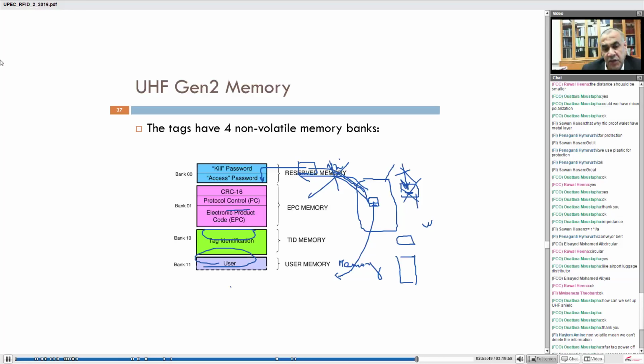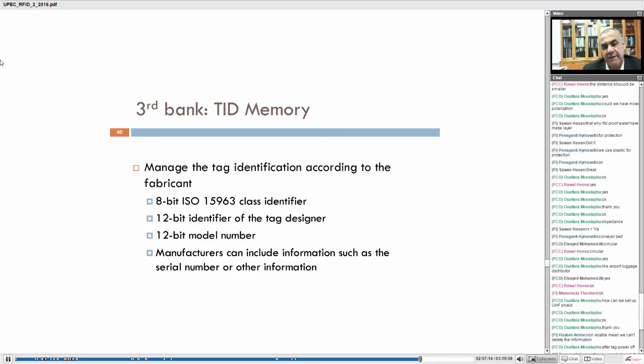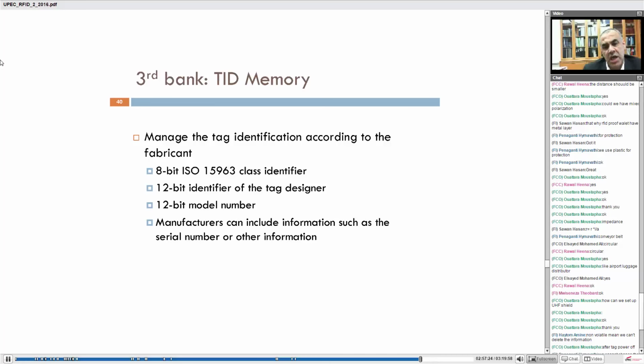Second bank, EPC. Remember the EPC code. You have 16 bits for the error detecting code, and you have the protocol control code and the EPC code we saw earlier. The TID manages the tag identification according to the manufacturer.